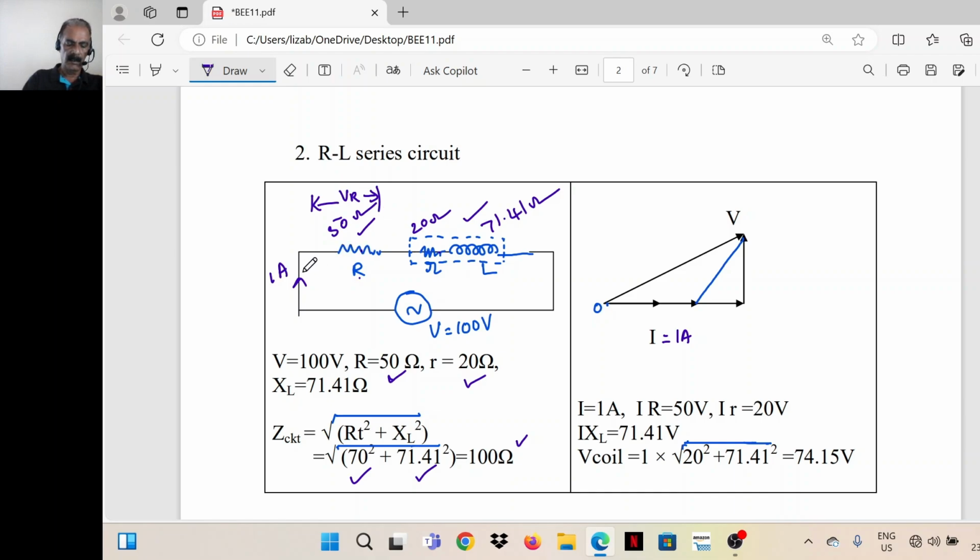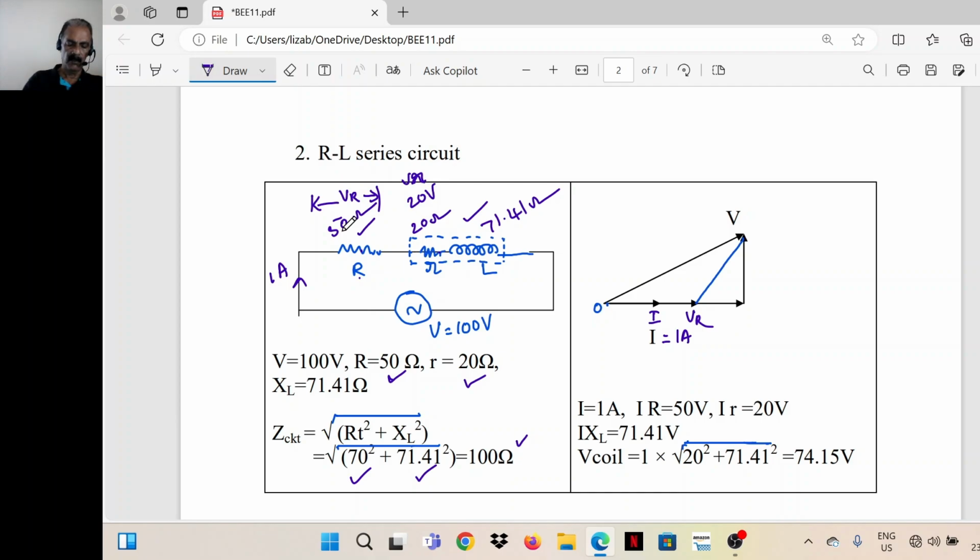In a resistor, the current and voltage are in phase, and since we have taken current as the reference, we mark VR in the same direction as I. Next, there is a voltage drop across the small resistance r, 20 ohms, so the drop, V small r, is 20 volts.